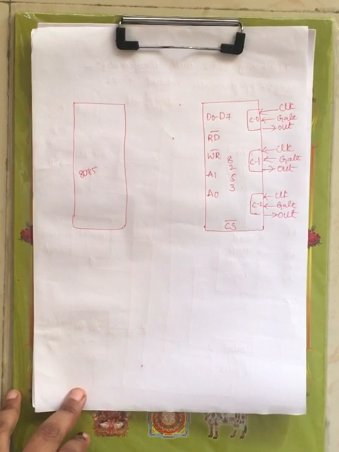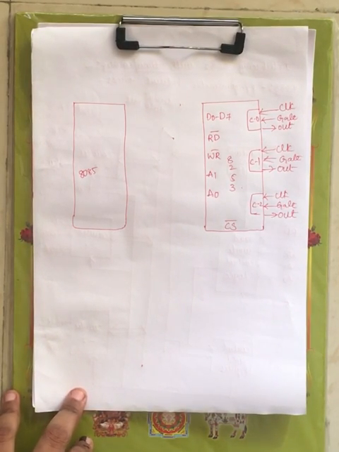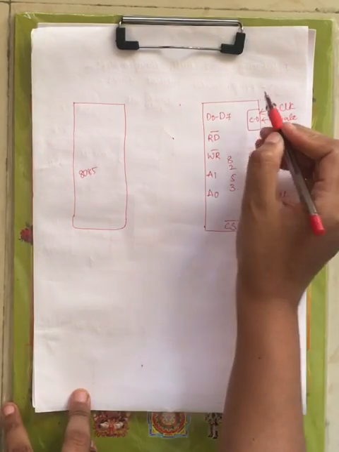Now 8253 I have represented here. 8253 will act as a timer or counter. What is a timer? It will provide the delay. That means 8253 will provide the delay by counting. As I have said, a 16-bit count is loaded into this counter register.